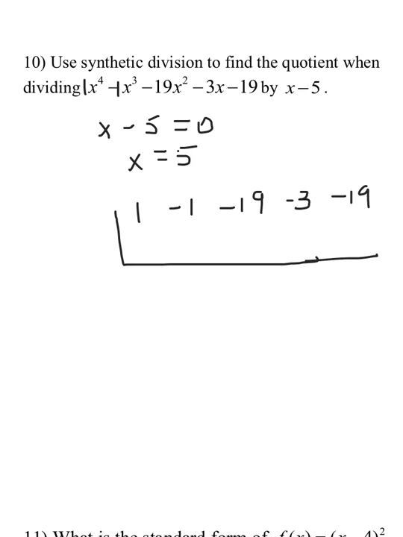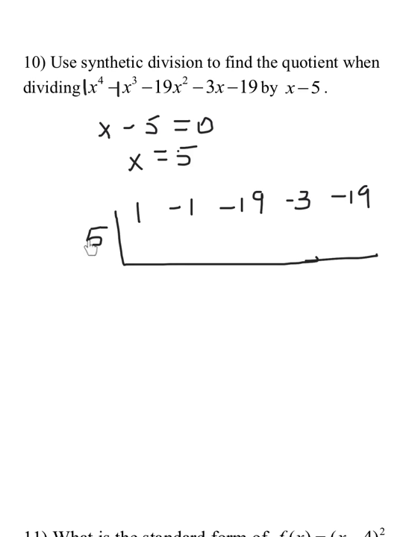Now we're going to use positive 5, not negative 5. I know there's a negative 5 right here, x minus 5, but this is our divisor. And so in order to use this, we need to set this equal to 0 and solve for x. So that means that the number I'm actually using for my division is a positive 5.